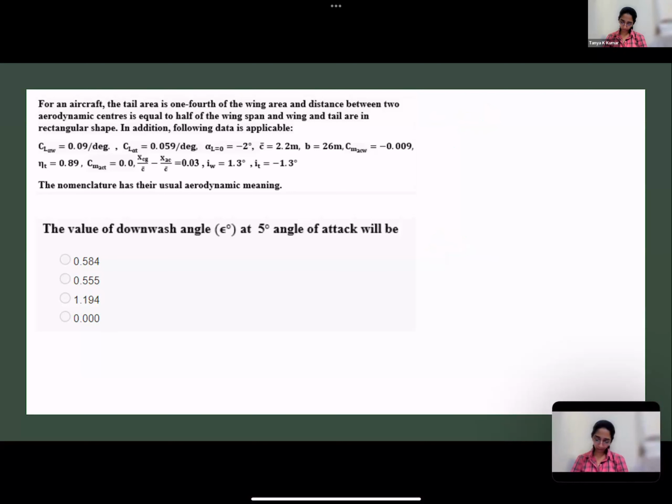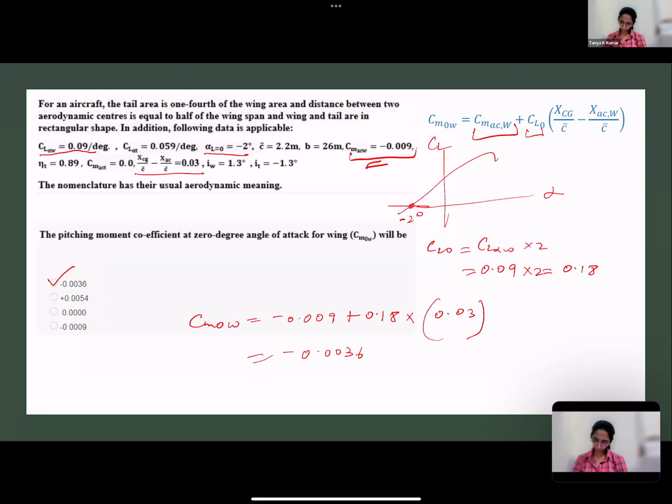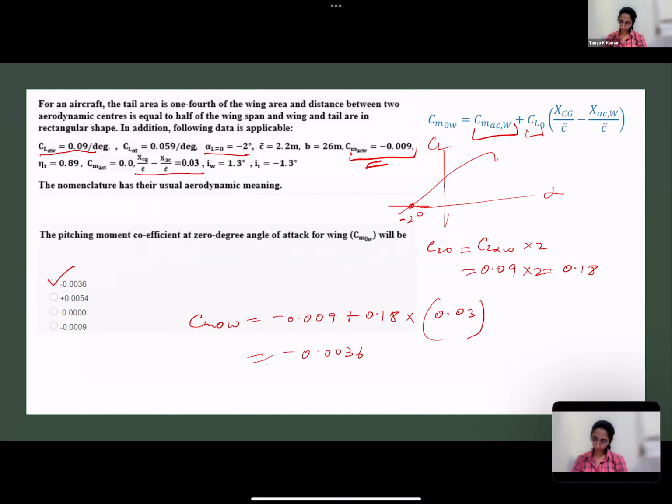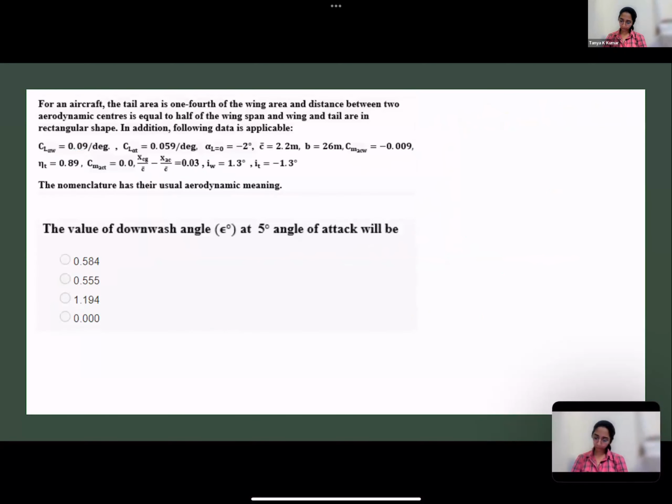2 CL naught. How much is CL naught? Yeah, 0.18. Phi E is not given to you. Assume it to be 1. Aspect ratio. How much is the aspect ratio?